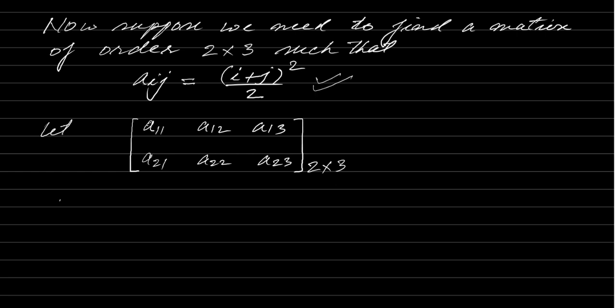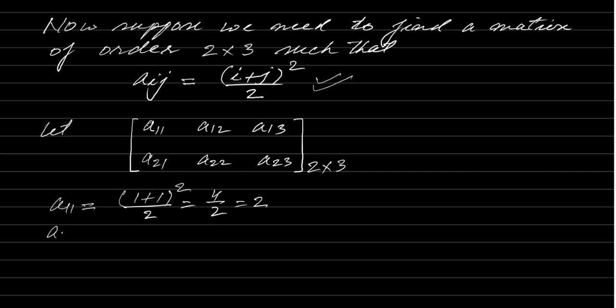So first A11. If we write A11, that means i is equal to 1, j is equal to 1. So putting i is equal to 1, j is equal to 1 in this formula, we write (1 plus 1) whole square upon 2. That is 2 square, that is 4 upon 2, which is equal to 2.